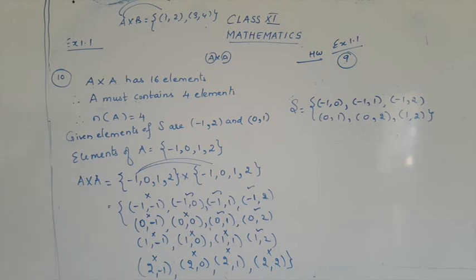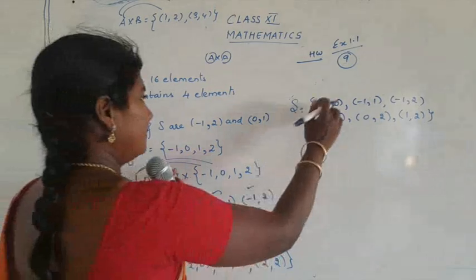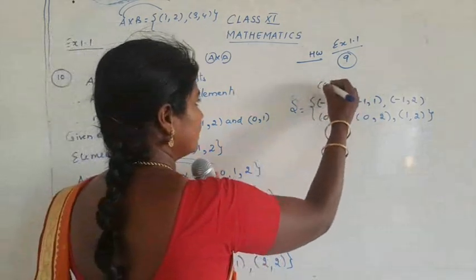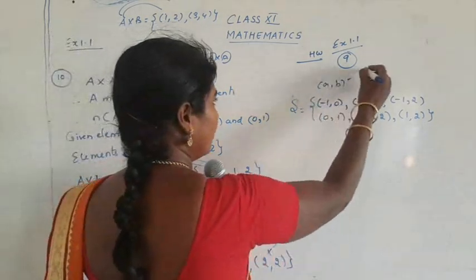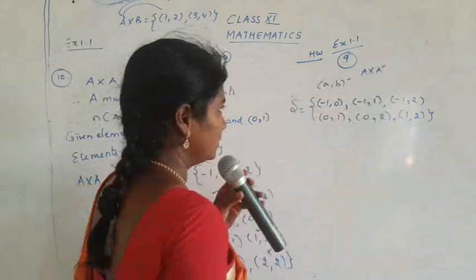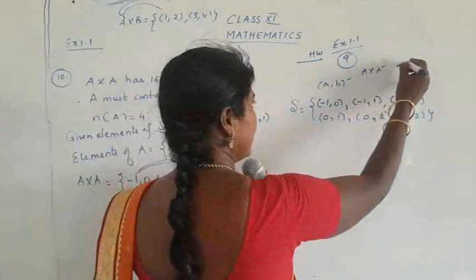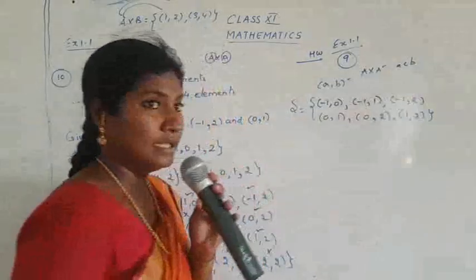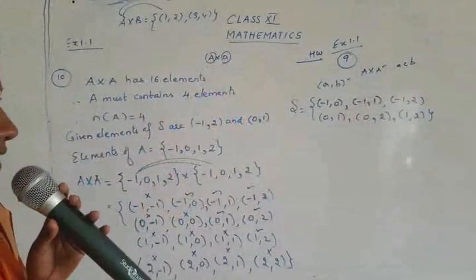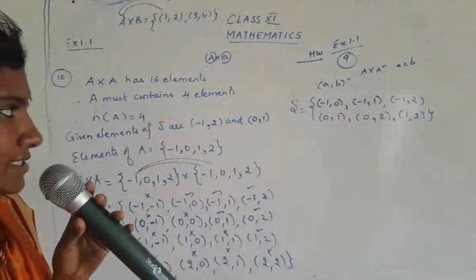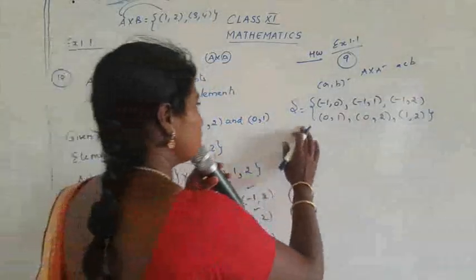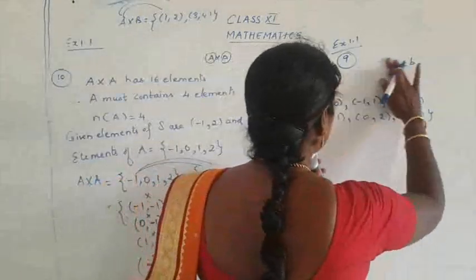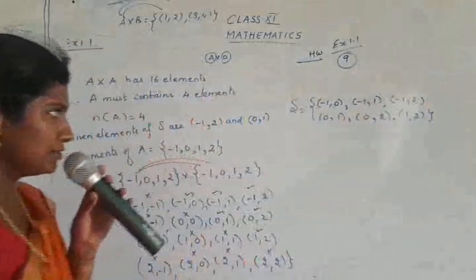The condition, what was the condition? It should be an ordered pair. Yes, that is done. It is from A cross A. Okay, that is also done. The third condition is a is less than b, that is, the second number should be bigger than the first number. That condition is also satisfied. Okay, so now we have listed all the elements of S.